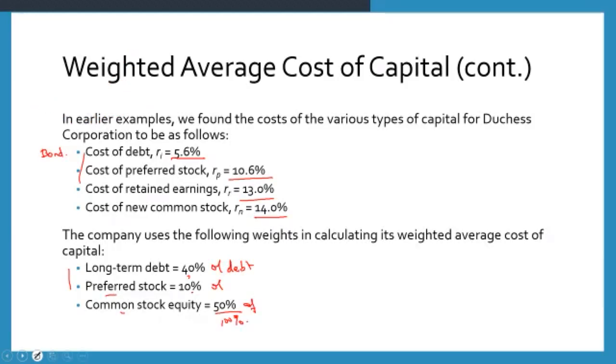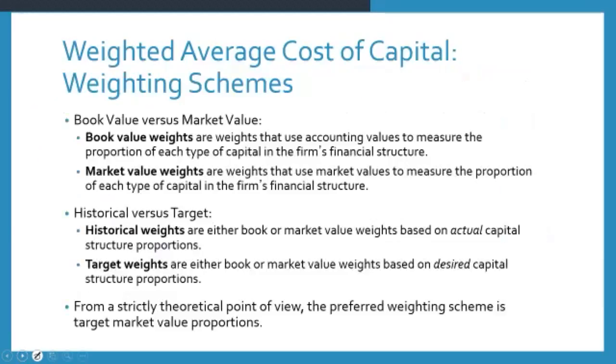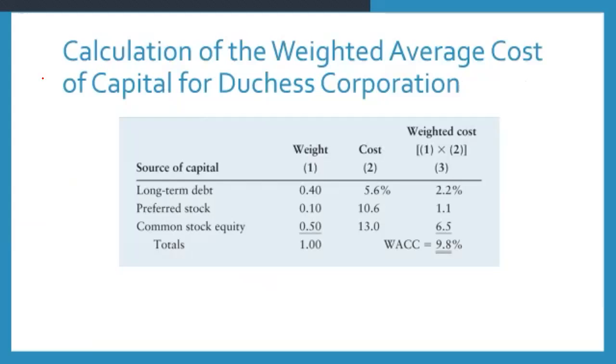Now with the weighted average formula, this is what we do. So we just put it in a table form. So here we have the weights, the long-term debt, 40%, preferred stock 10%, and common equity 50%. So when we say any percentage, let's say they're trying to raise $1,000.